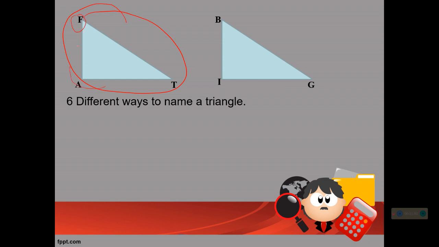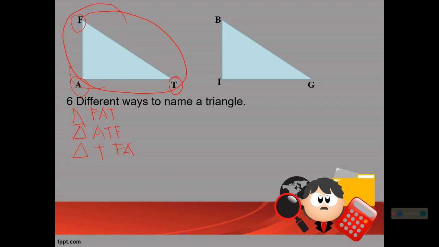If you are going to start at this letter, so you may name this triangle as triangle FAT. If you are going to start at this vertex or angle, so you may name this as triangle ATF.